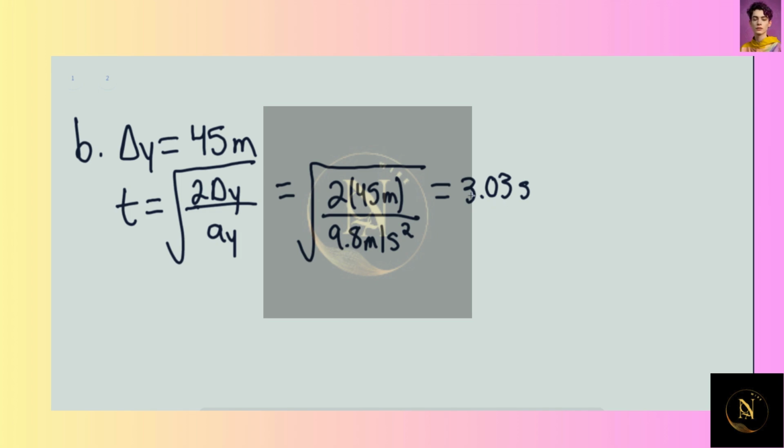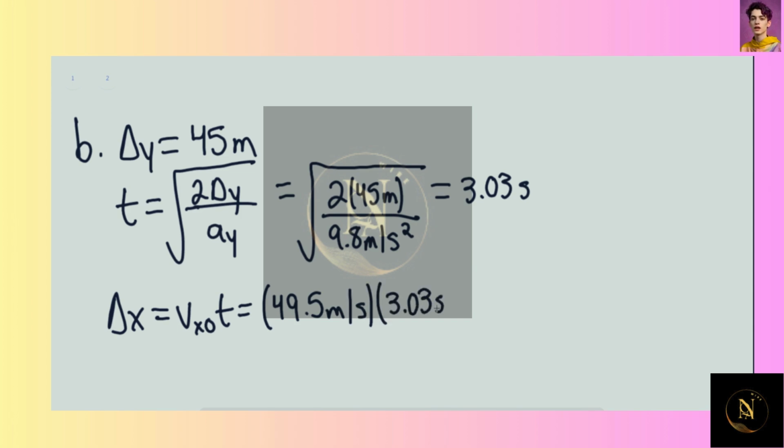And so it's asking us where does it land. We say that delta x equals v x initial times t. This would be 49.5 meters per second multiplied by 3.03 seconds. This equals 150 meters approximately.